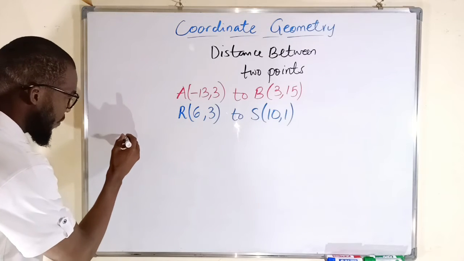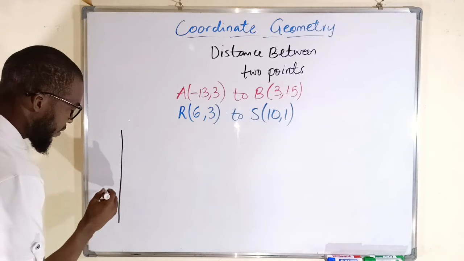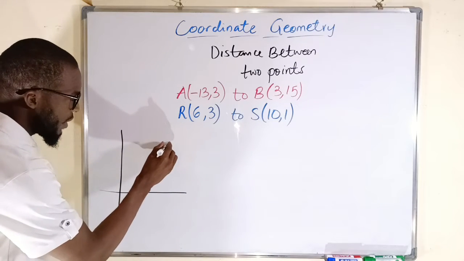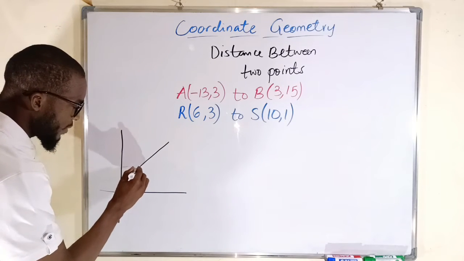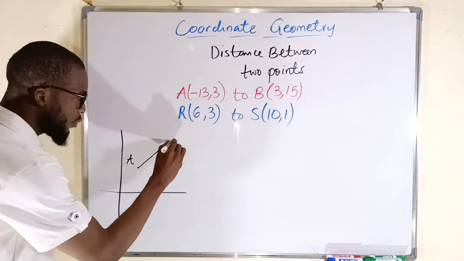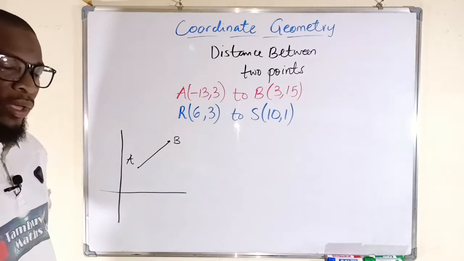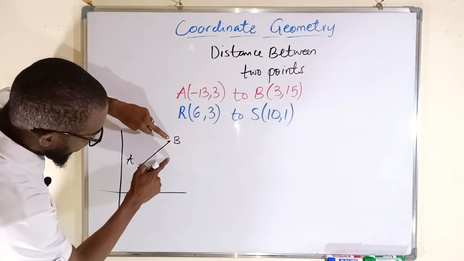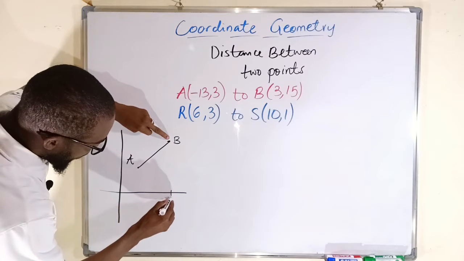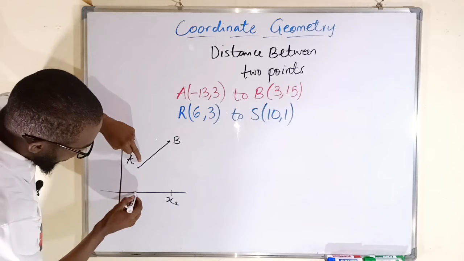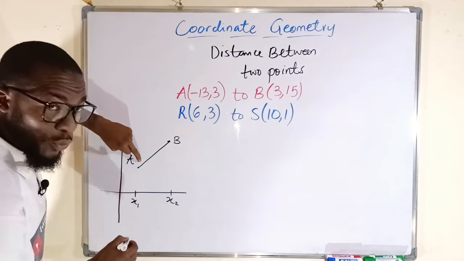If you have a y-axis and you have an x-axis, suppose we have a line segment like this. This is a line segment, point A to point B. Let me label the coordinates. I would like to let this point be x2, and this point be x1.